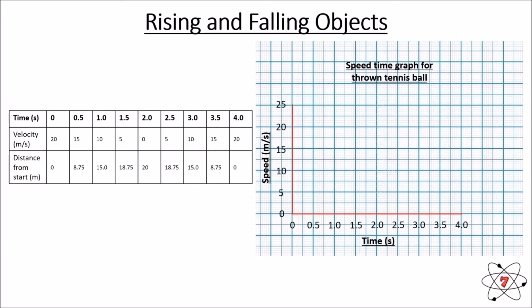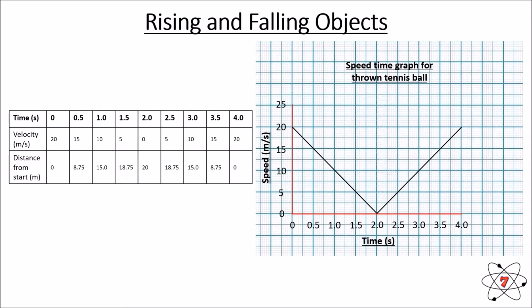We then plot on our units. We make sure that every square in both the x and y-axis direction has the same value. So all of the squares on the x-axis have the same value. All of the squares on the y-axis have the same value. We can then plot our points, and we can see that our graph looks like this.